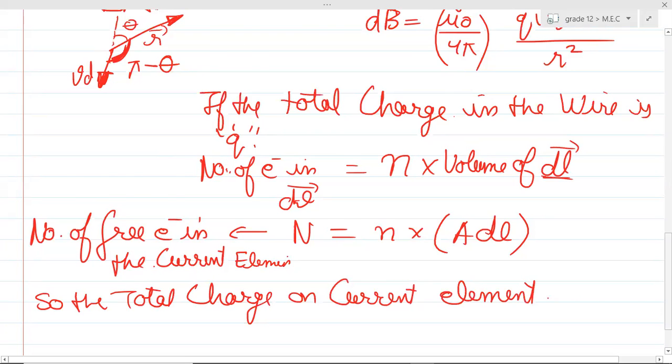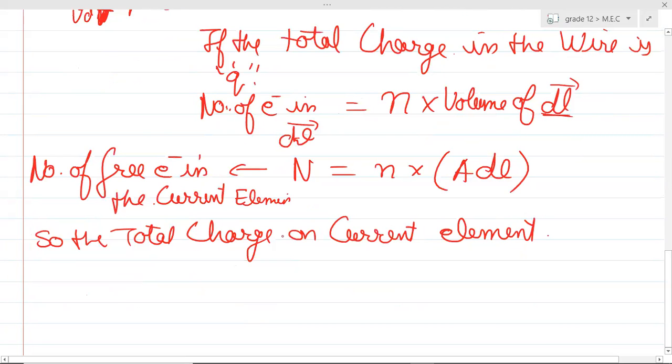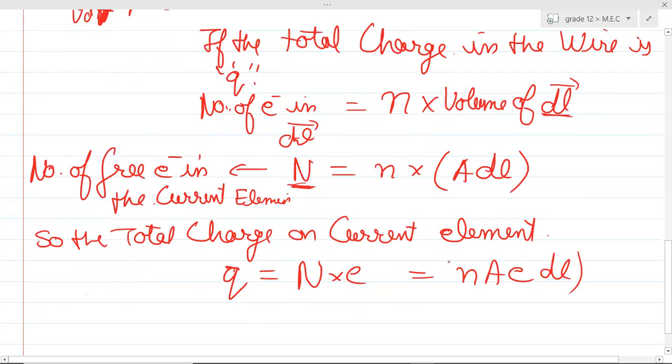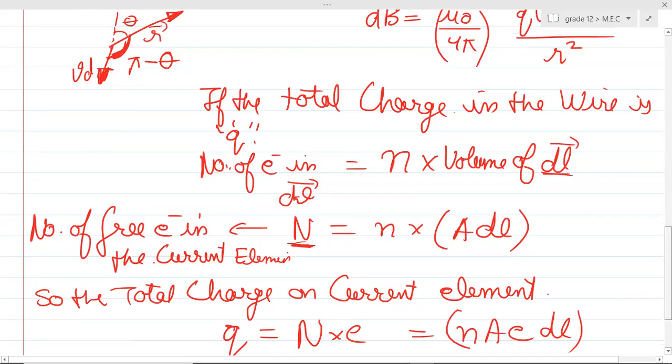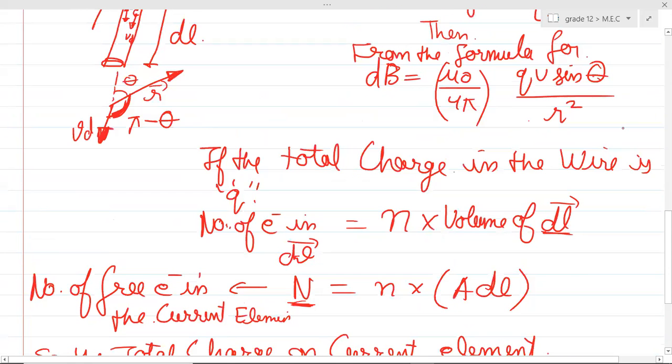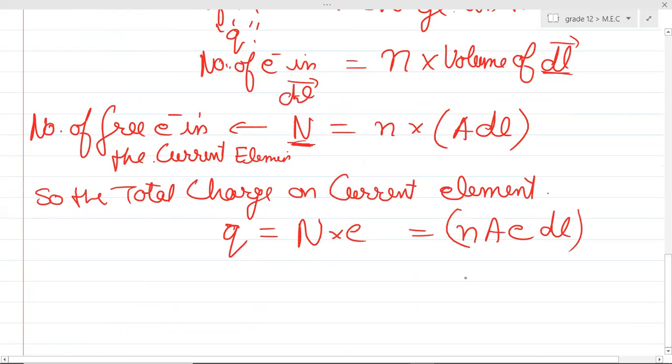We're just calculating the magnitude because direction we already did, right? So the total charge Q will be equal to n A dl, the number of electrons, multiplied by e. Will this be your total charge on the current element? Yes or no?